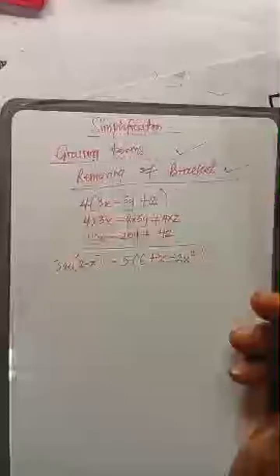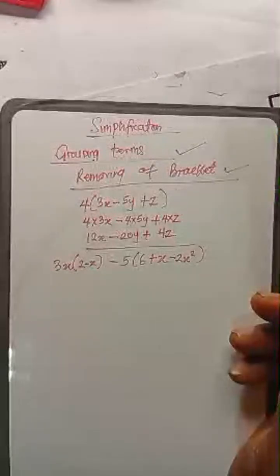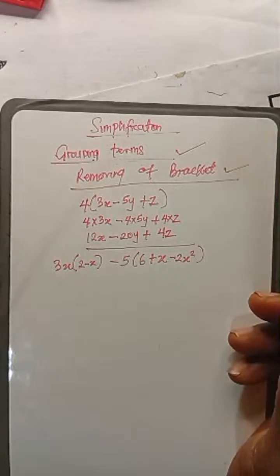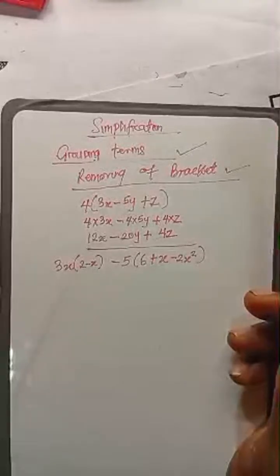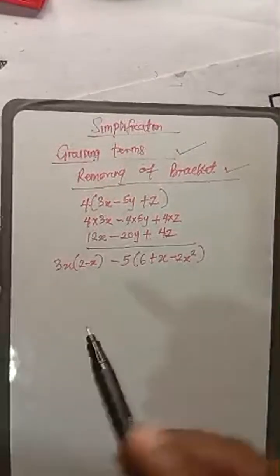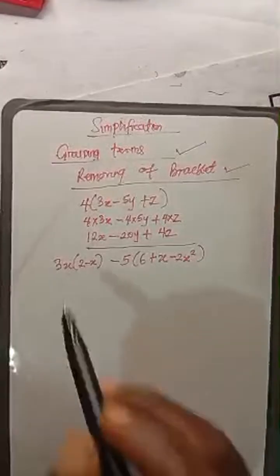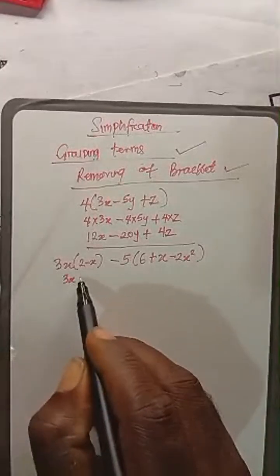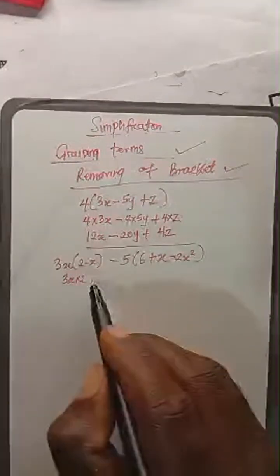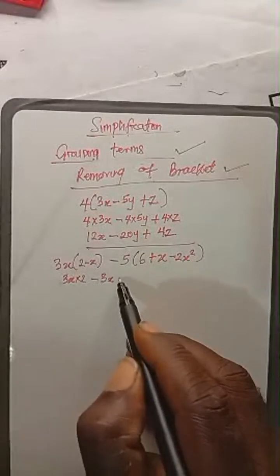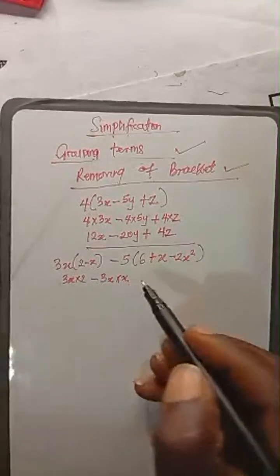So if you want to remove the bracket for this, we have 3x to multiply 2, we have 3x times 2 minus 3x times x.